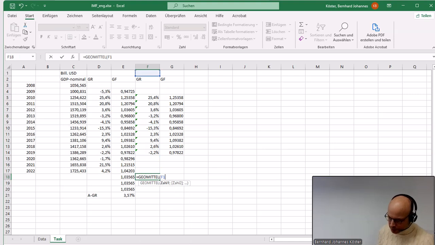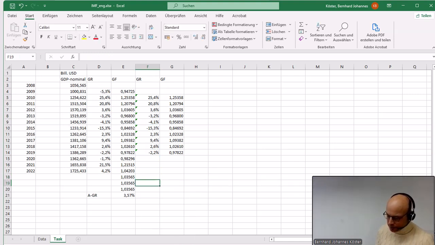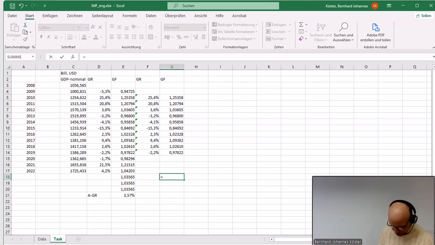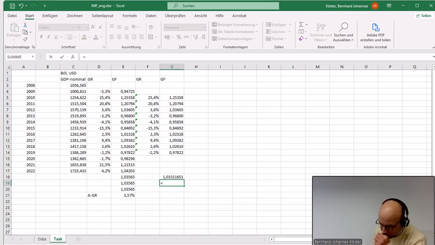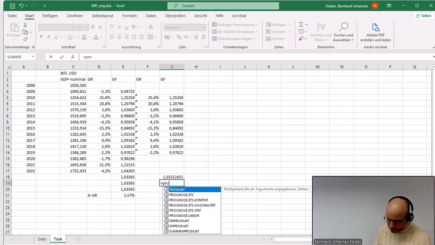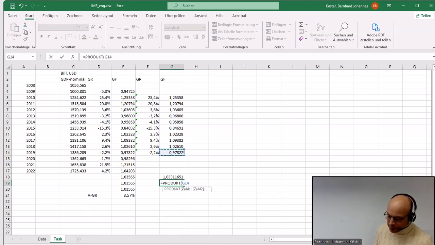Oops, this is the wrong one. I have to take the one where the growth factors are, the geometric mean, or the product of these numbers, now to the power of 1 over 2019 minus, now you have to be a little bit careful.